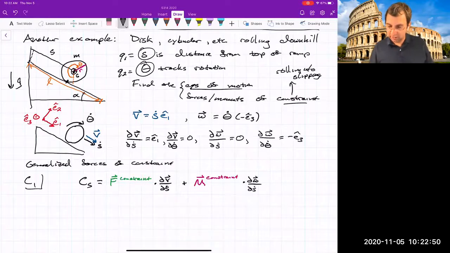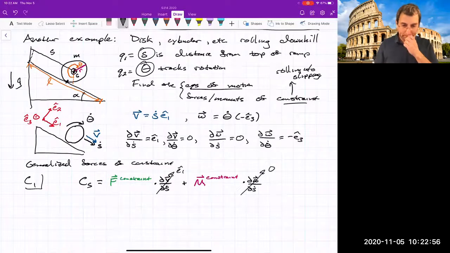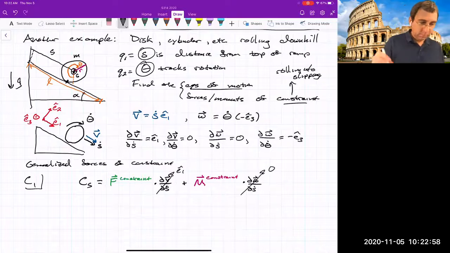But partial omega partial S dot is 0, and partial V partial S dot is E1. So the generalized force of constraint for CS is in the E1 direction.